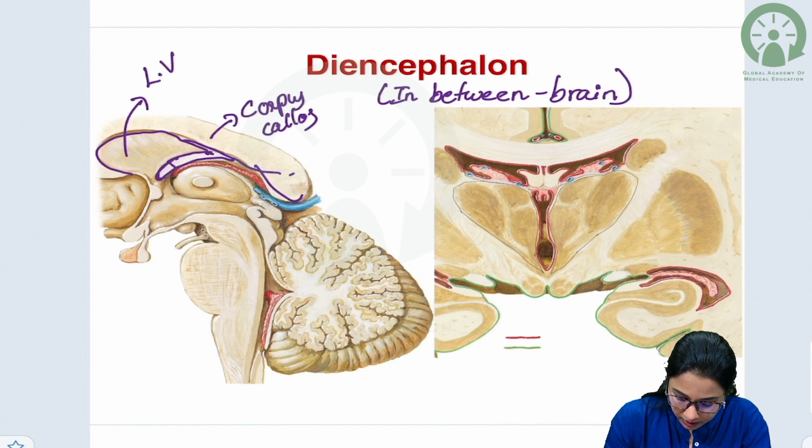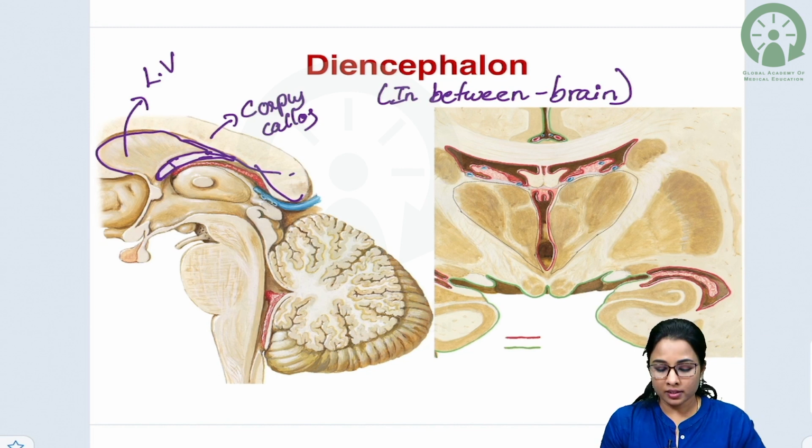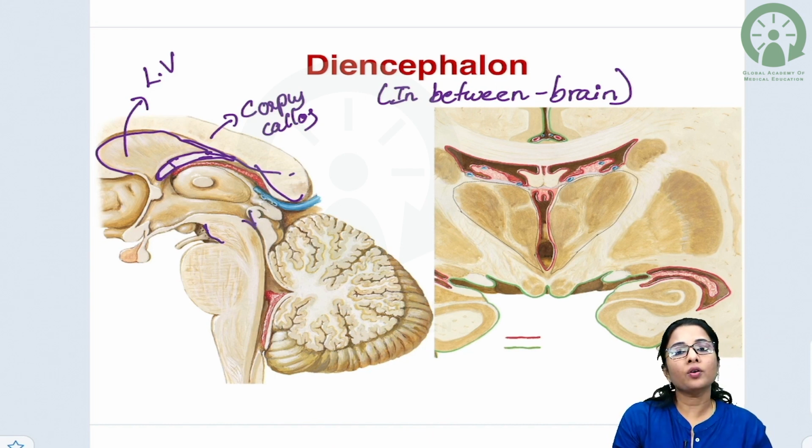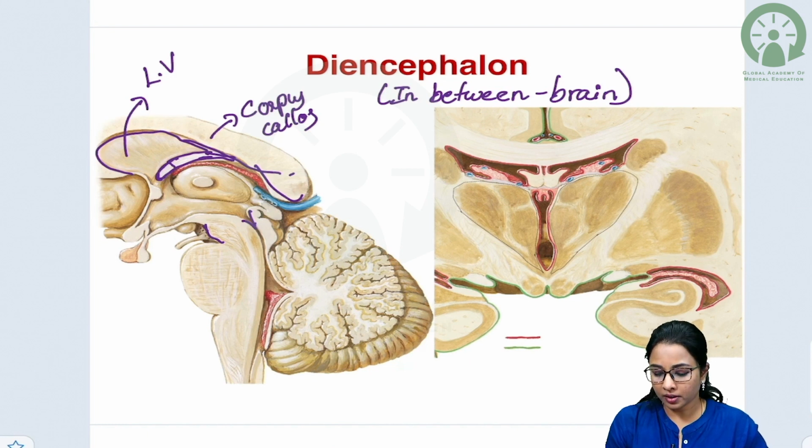Beneath that we can see the fornix as well. Below the fornix is the diencephalon. Caudally it continues to form the midbrain. Here we can see the midbrain, and the cavity of the diencephalon is the third ventricle.